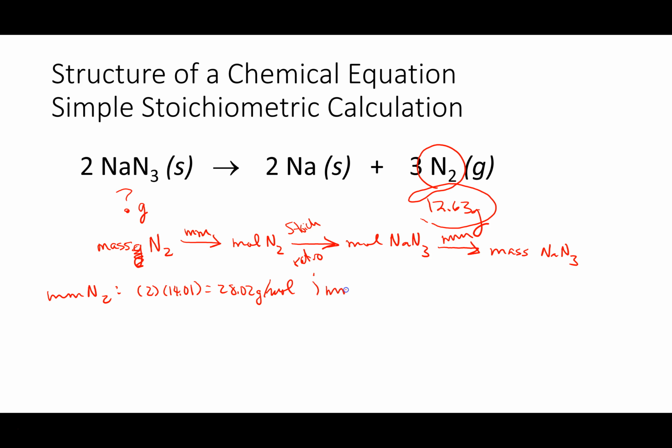And then we need the molar mass of NaN3, and that looks like 22.99 plus 3 times 14.01, which is 65.02. And units would be grams per mole for that compound.